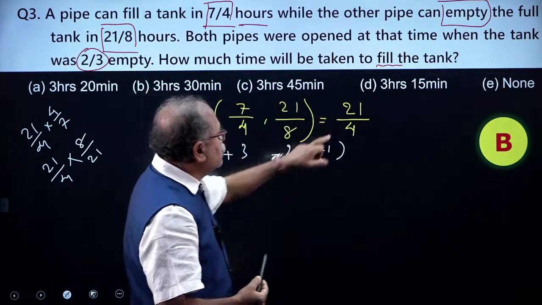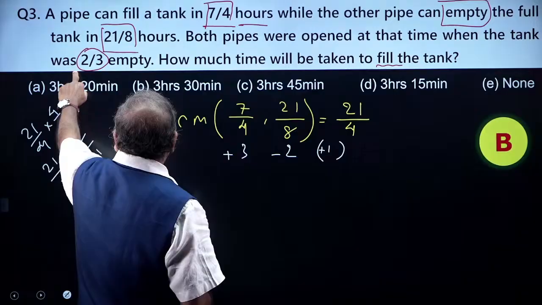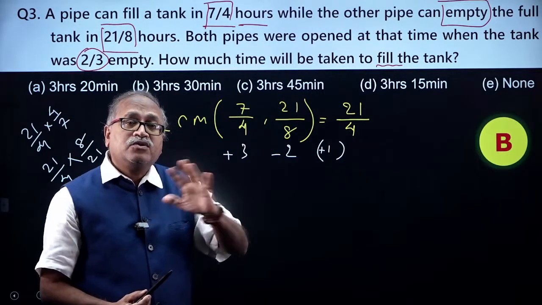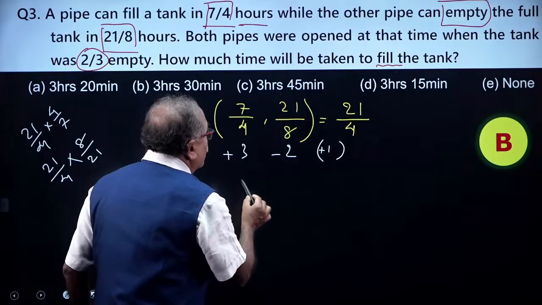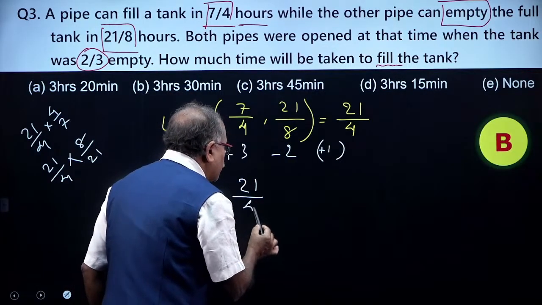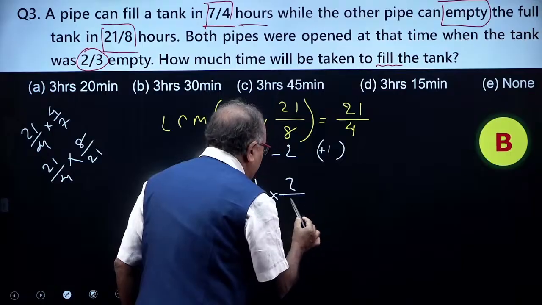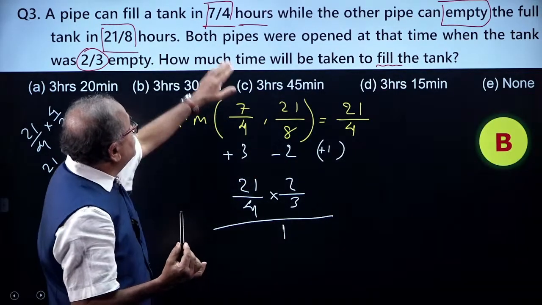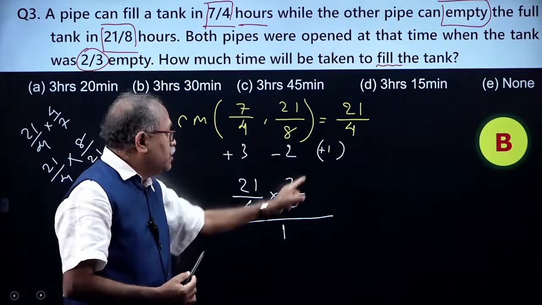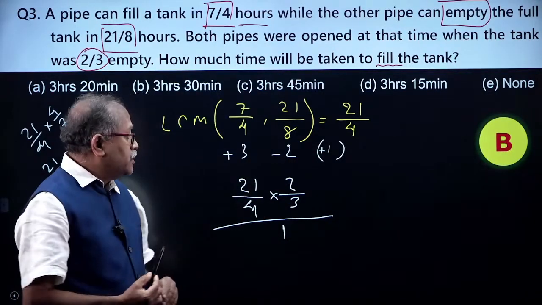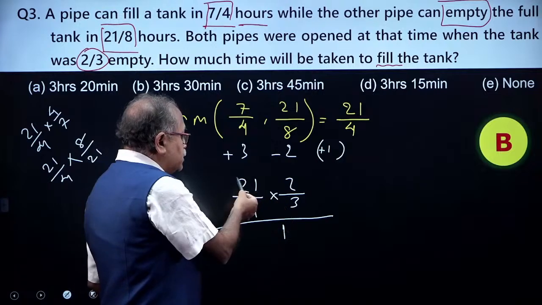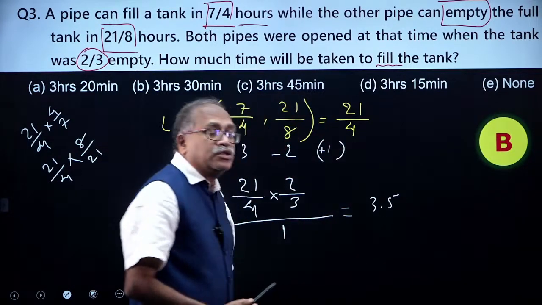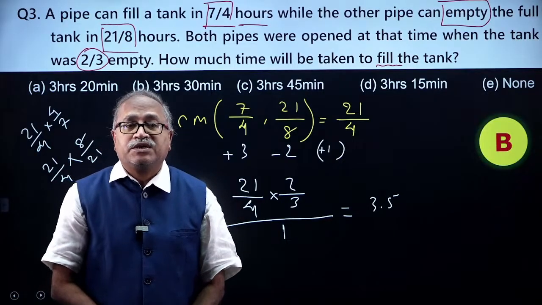Total capacity is 21 by 4, and how much is emptied? 2/3 is emptied. So I need to fill 2/3 of 21 by 4. So 21 into 2 by 3. This is what is to be filled, and every hour 1 unit is getting filled. So you notice that this is 7 times 2 times 3.5. That's over. So 3.5 hours is nothing but 3 hours 30 minutes.